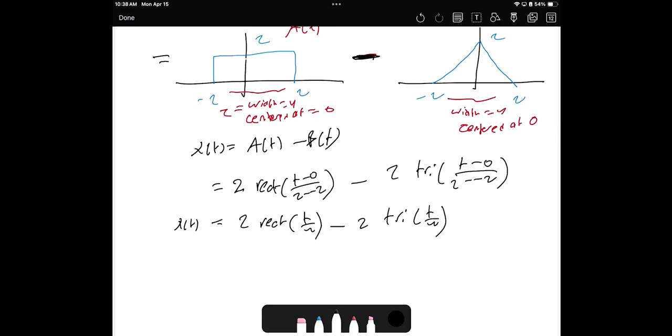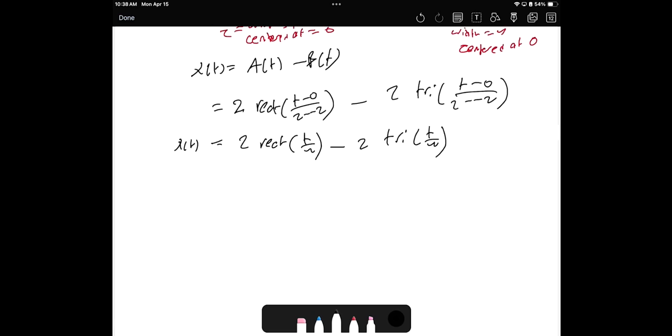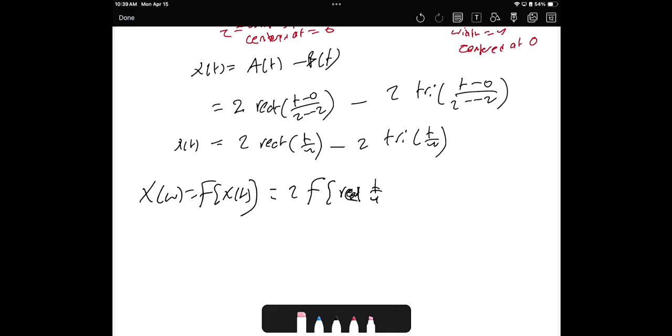Okay, do you know how to find the Fourier transform of x? Yes, we do. So X of omega, which is the Fourier transform of x of t, will be 2 times the Fourier transform of rect of t over 4, minus 2 times the Fourier transform of the triangle of t over 4. Then substitute them.